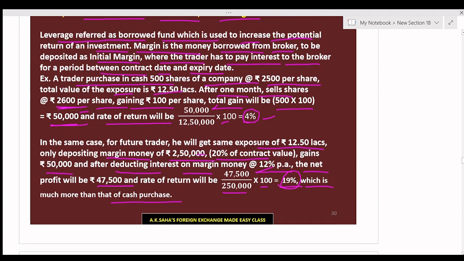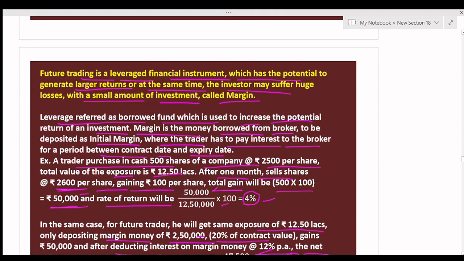So the quantum of losses suffered is much higher than for the cash trader. So the statement is true, and it is given in the form of an example.